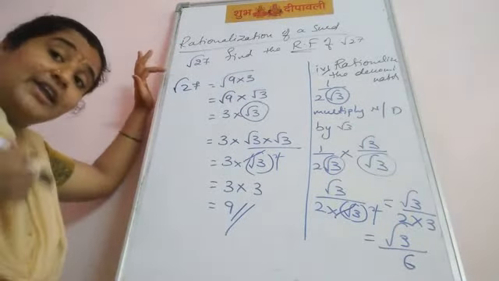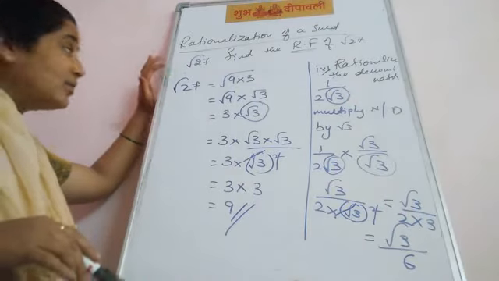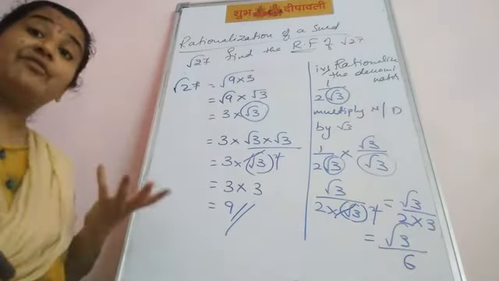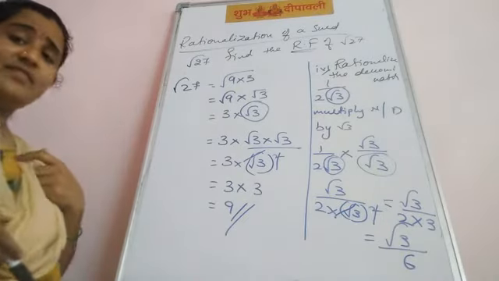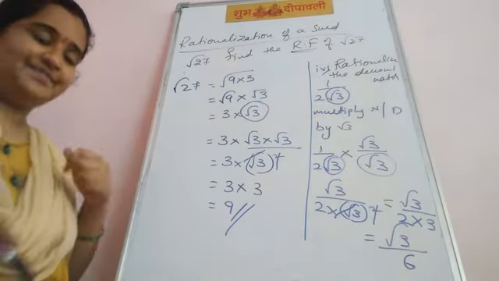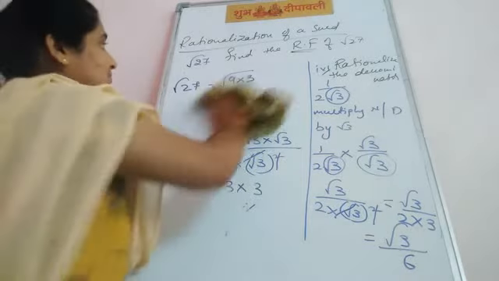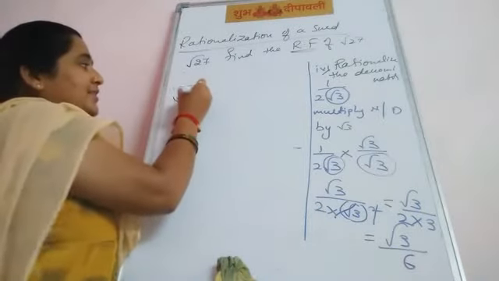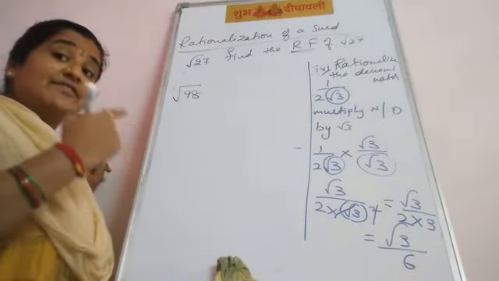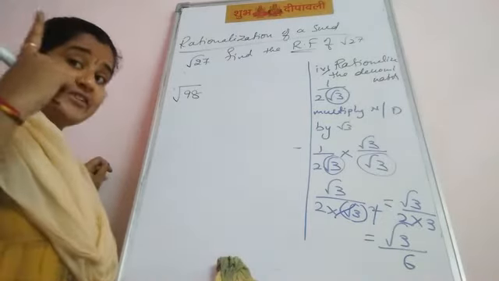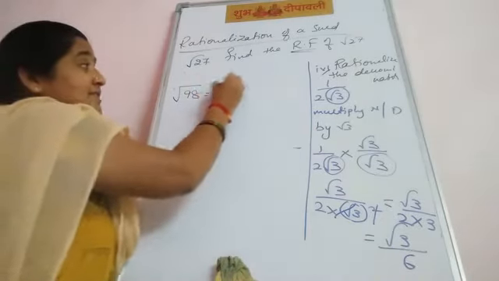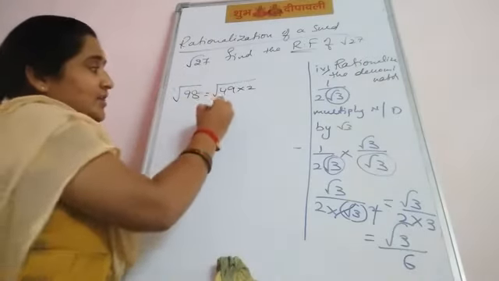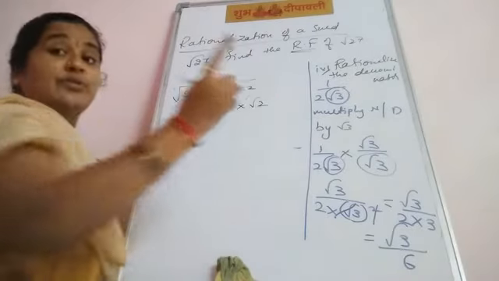In the numerator, if they give 81, square root of 81 is 9. Another number, square root of 98. Find the rationalizing factor of square root of 98. First step, simplest form. 49 twos are 98. Then separate root 49 into root 2.